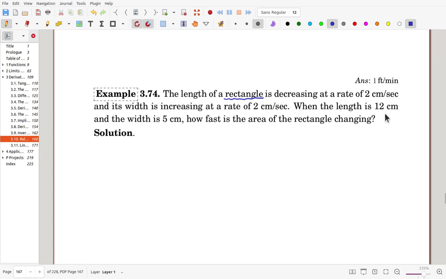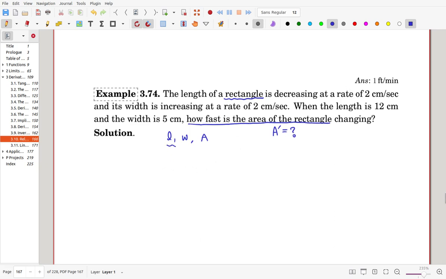When the length is 12 and the width is 5, how fast is the area of the rectangle changing? If we name the variables length, width, and area, then the problem is asking what A prime is. That's the unknown we have to decide.